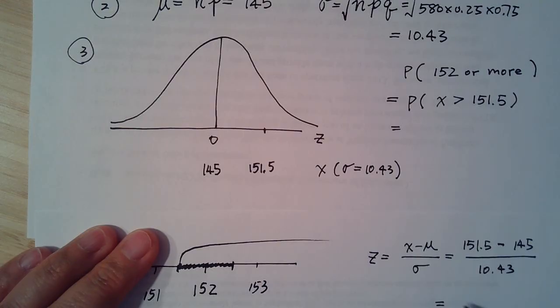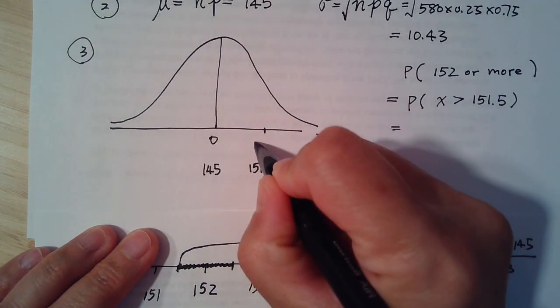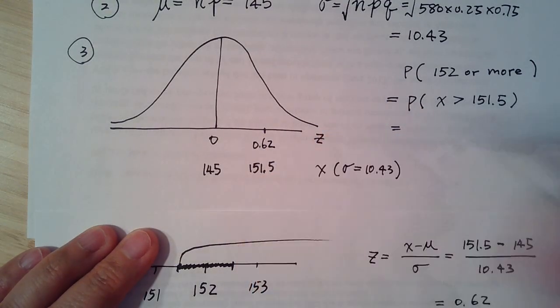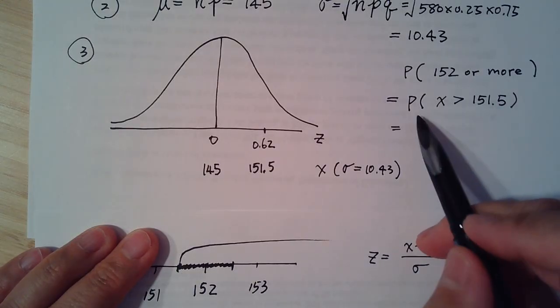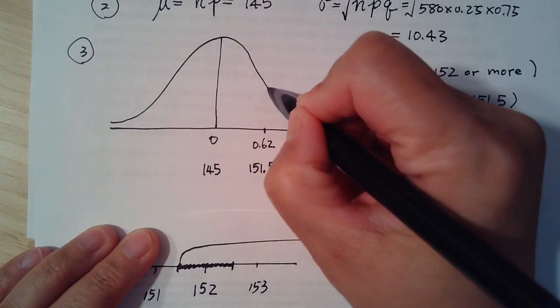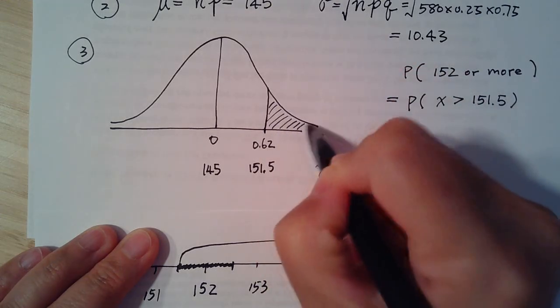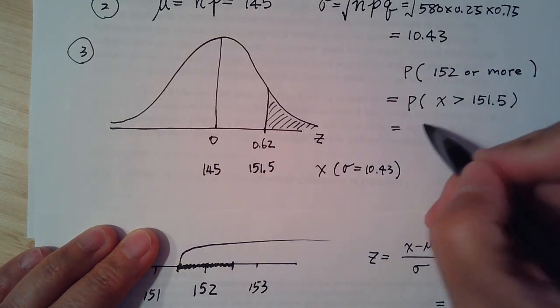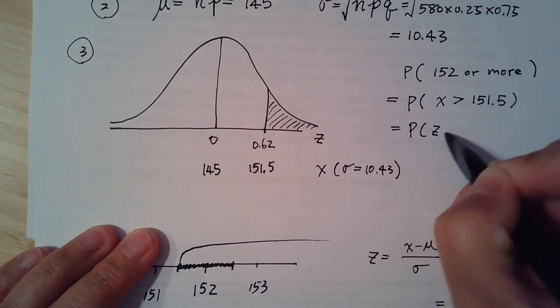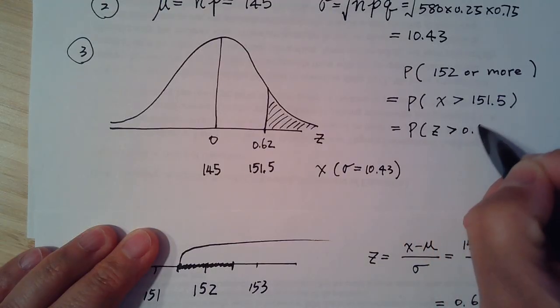If you use the little calculator, 151.5 minus 145 is 6.5, so you get 0.62. For z-score, you keep 2 decimal places, so that's 0.62. So the probability that x is greater than 151.5 is this little area, which is equivalent to z greater than 0.62.